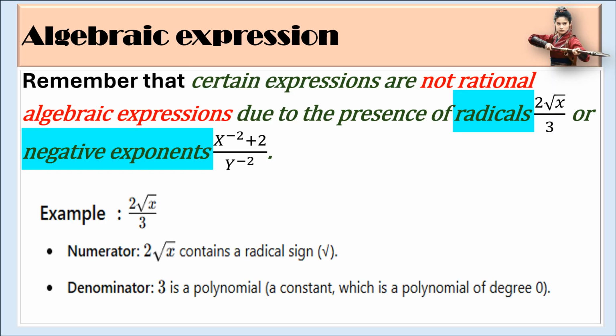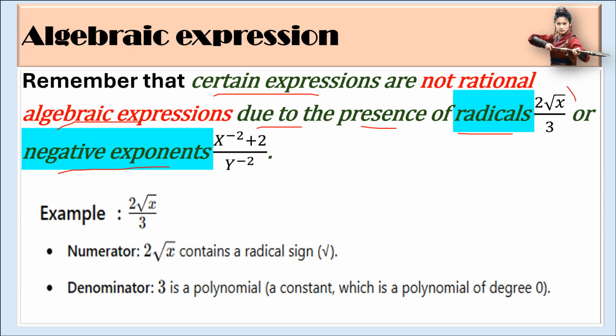Let's continue to understand more about rational algebraic expressions. Let's learn the non-rational algebraic expressions. How do you say that an expression is not a rational algebraic expression? Remember that certain expressions are not rational algebraic expressions due to the presence of radicals or negative exponents.